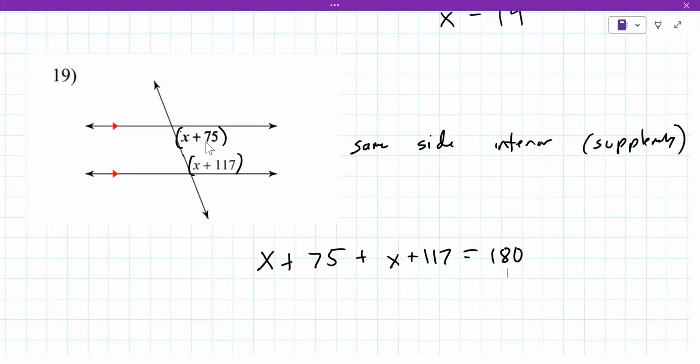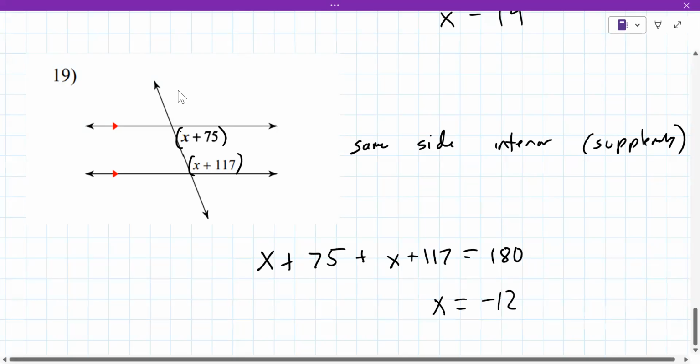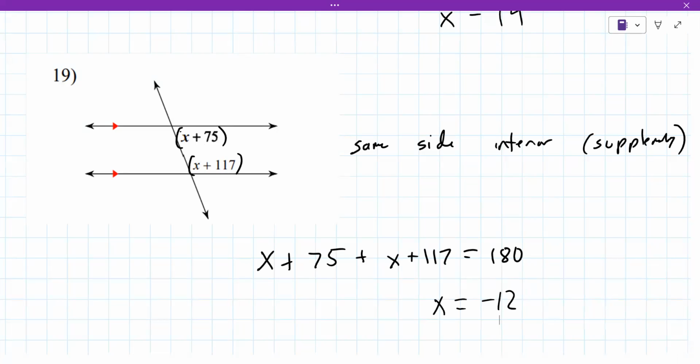I get negative 12. Okay, and again, that's fine. That's not the angle. You've got to find the angles. You've got to put that back into the equation.